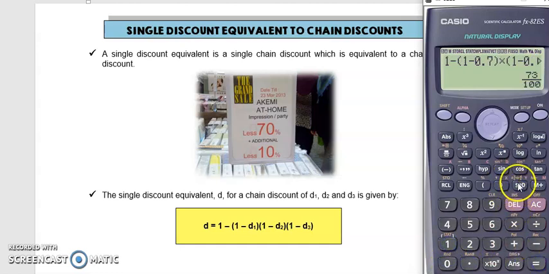So equivalent to 73%. So if you get 70% and another 10%, actually we did not get 80%. We just get 73%. So later on when you go to shopping mall, be careful with this, okay?